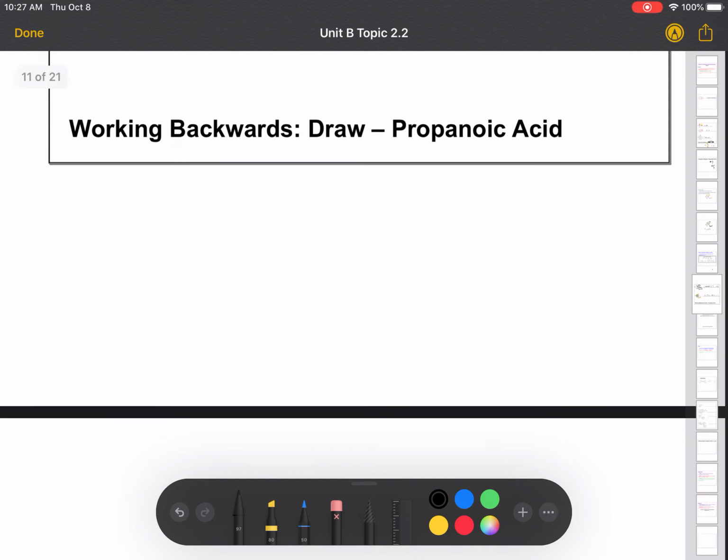And then let's try working backwards. It says draw propanoic acid. So propane, looking at this, we would say, well, propane means 3. So it's asking us to draw a 3-carbon chain. And then if it's an oic acid, we know there's got to be a double bonded O and a single bonded O on the end. I'm not going to draw the H's. That's basically all you need to do.